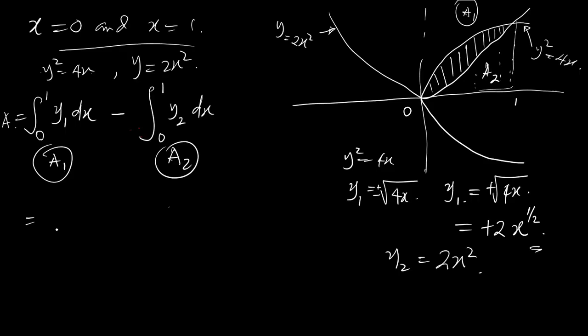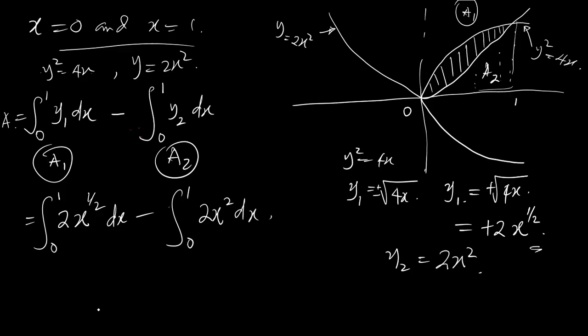So now we have, in this one, the integral between 1 and 0 of 2x raised to power 1 all over 2 dx minus the integral 1 all over 0 of 2x squared dx.